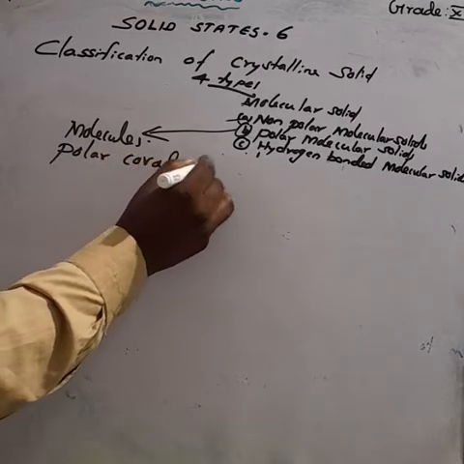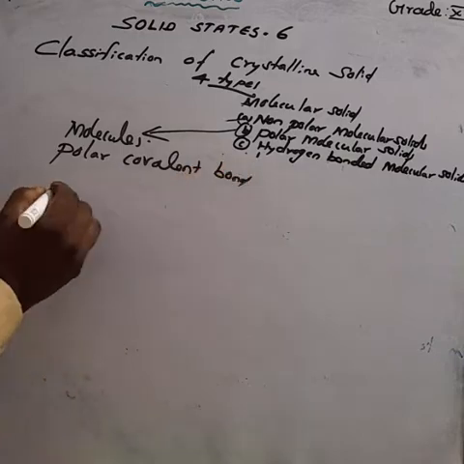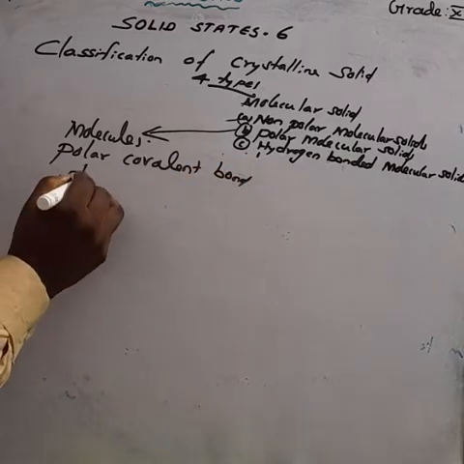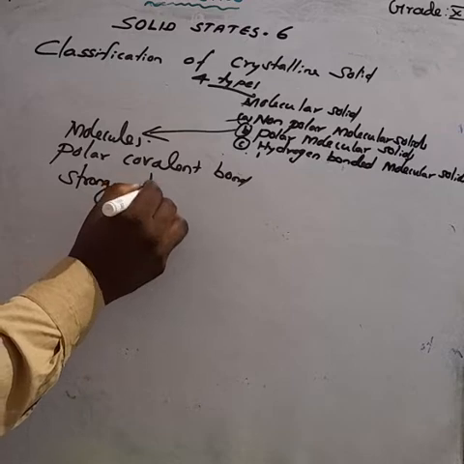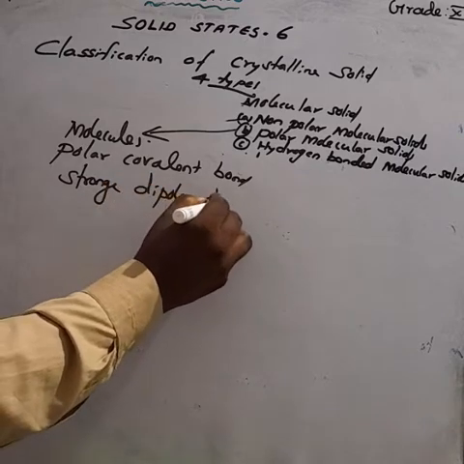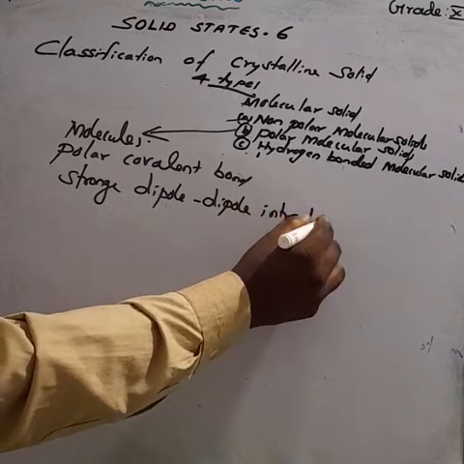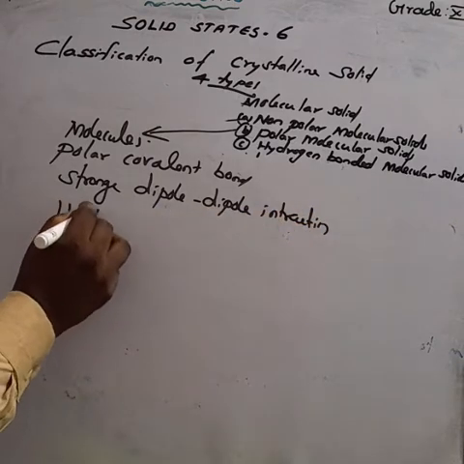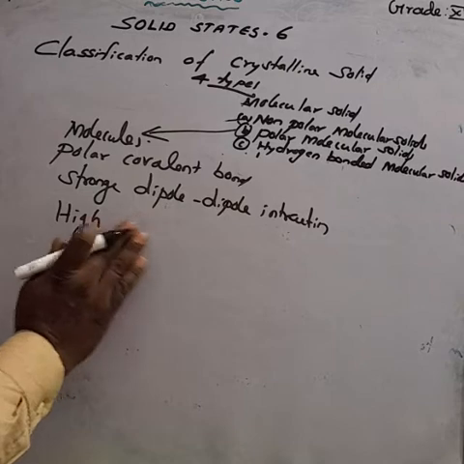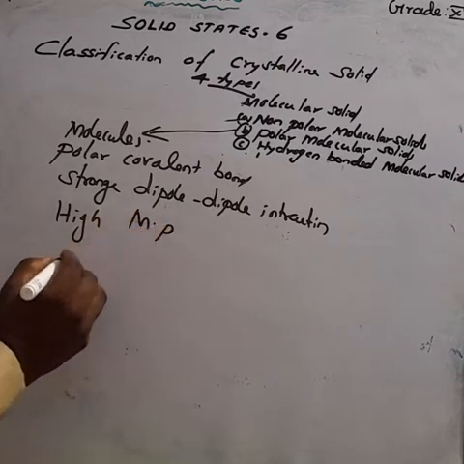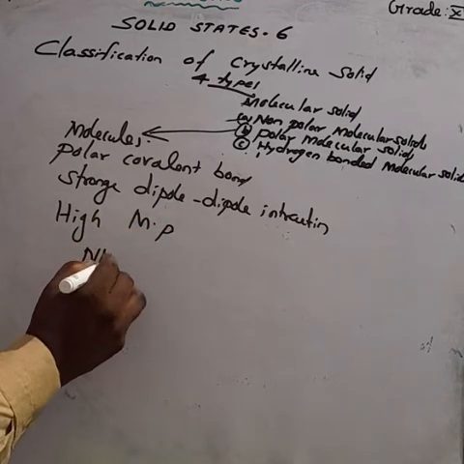They are held together by strong dipole interaction. They have a high melting point. Here the examples are solid CO2, solid ammonia, etc.